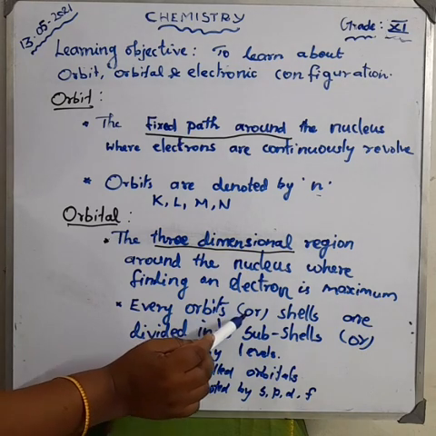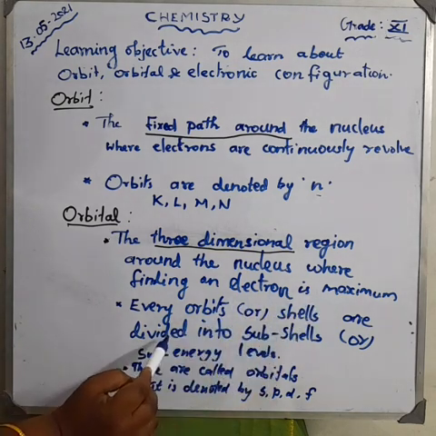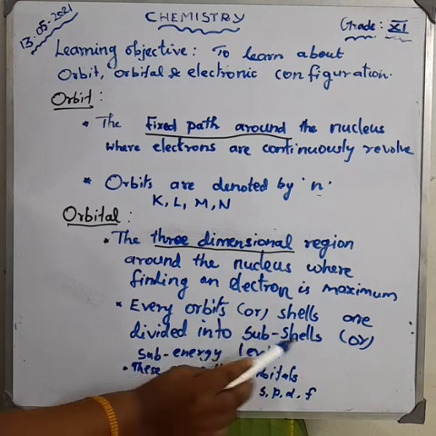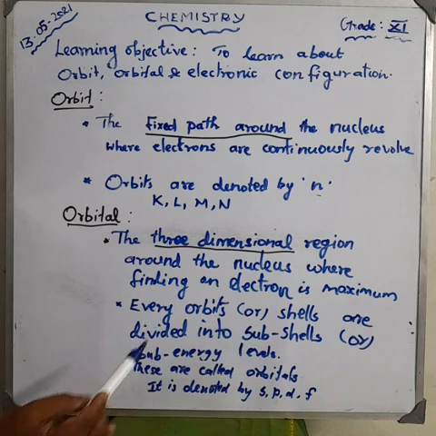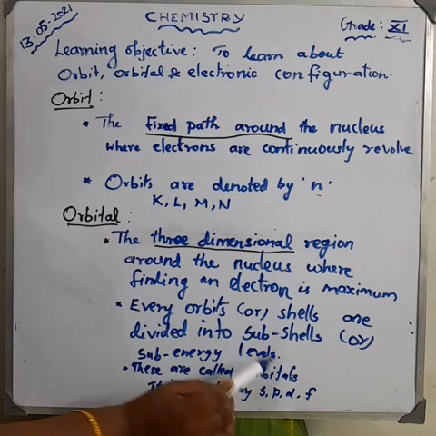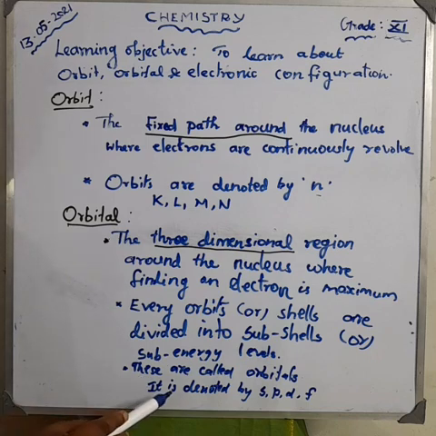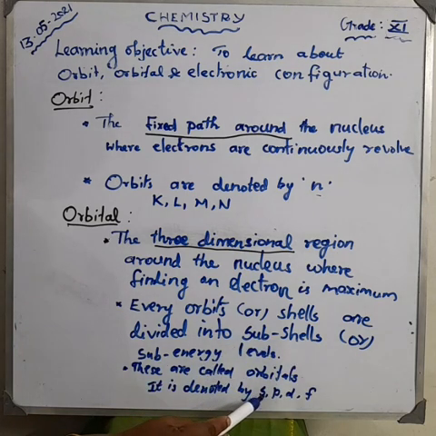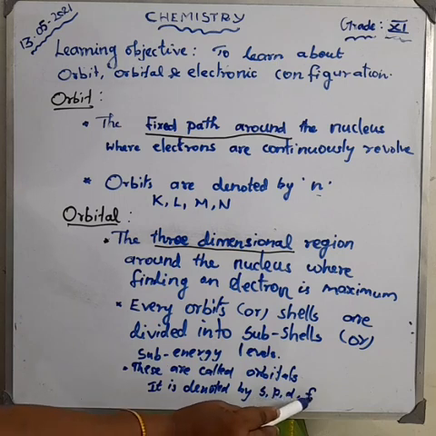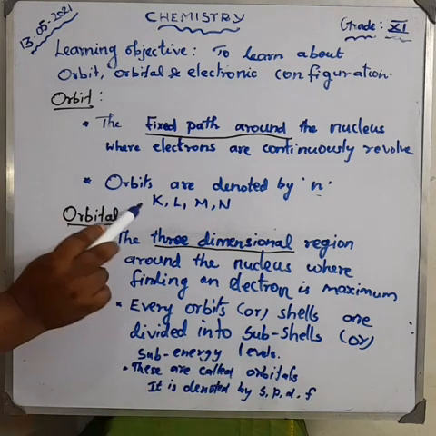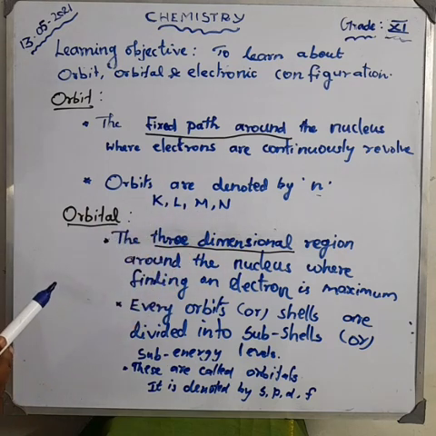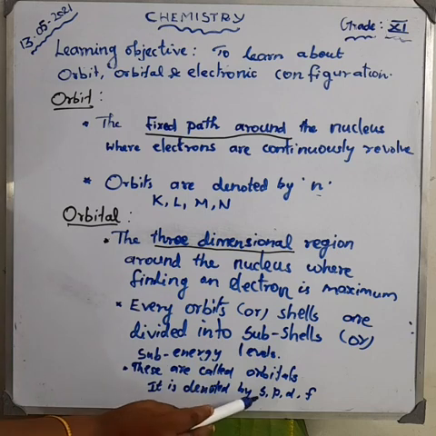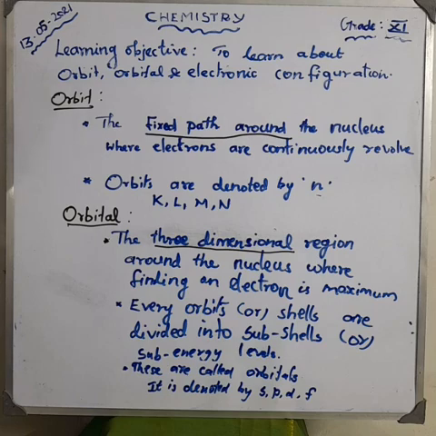They are denoted by S, P, D and F. So orbits are K, L, M, N, and orbitals are S, P, D and F. There are 4 orbitals.